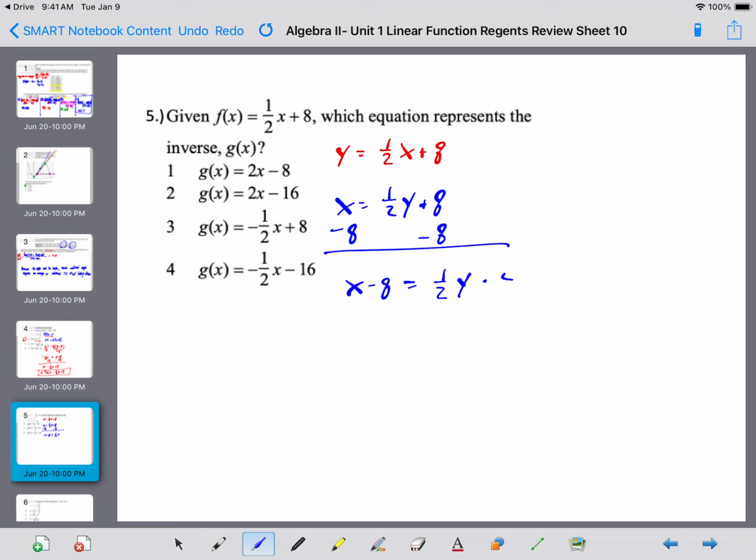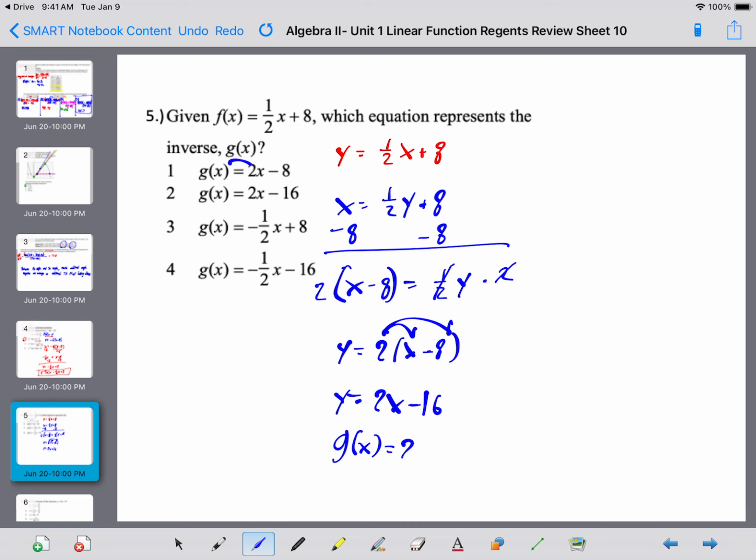You could multiply by 2 on both sides because that's the opposite of dividing by 2, which is just what 1/2 is. We have y equals 2 times x minus 8. Distribute out that 2. And it's saying that g of x is your inverse. So g of x equals 2x minus 16.